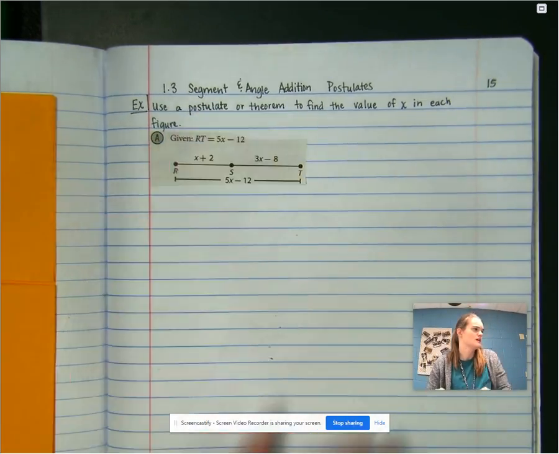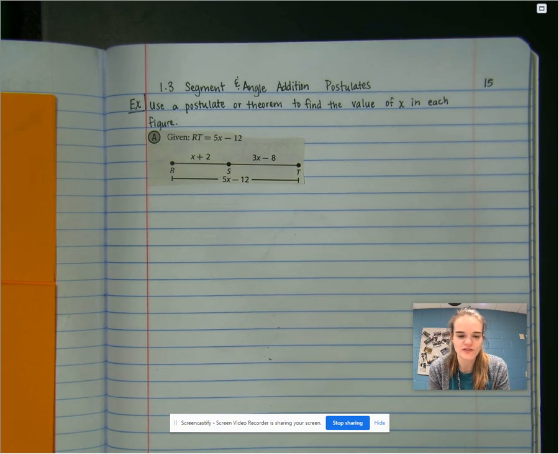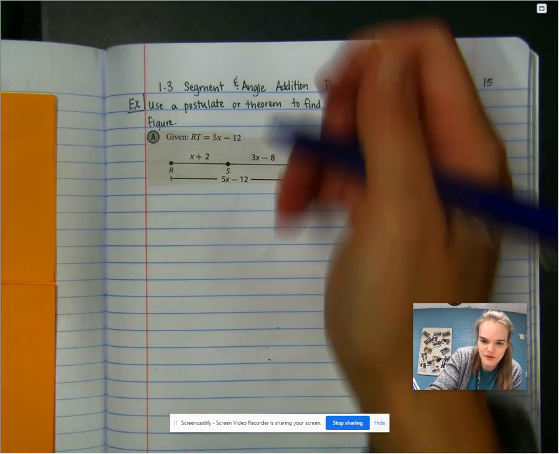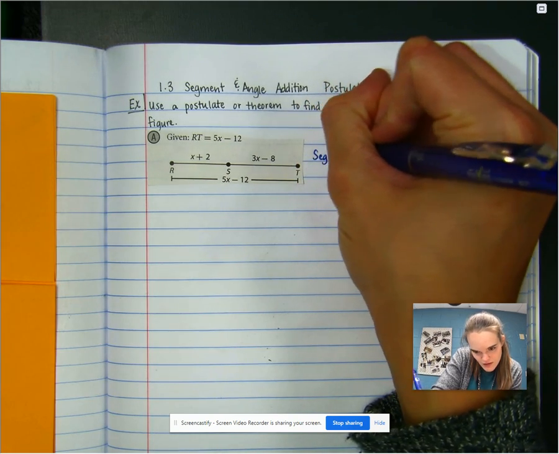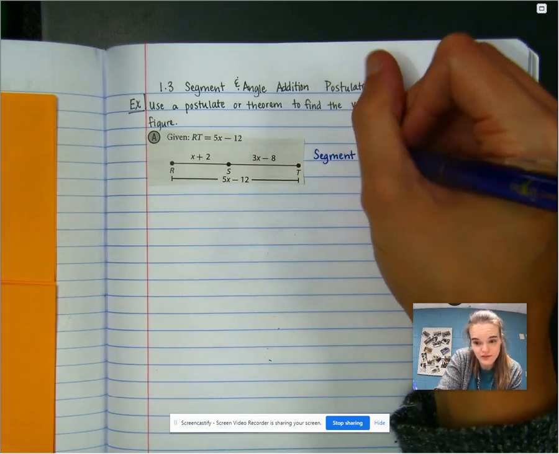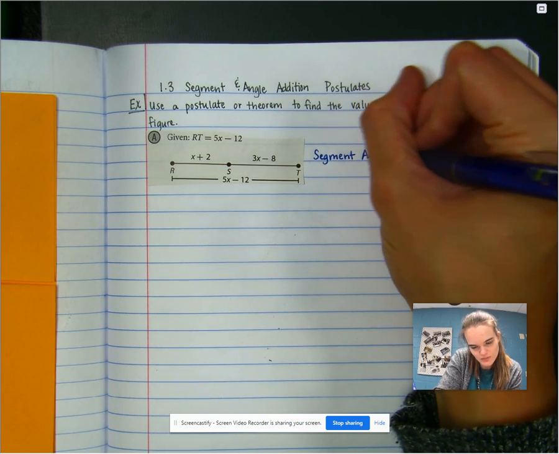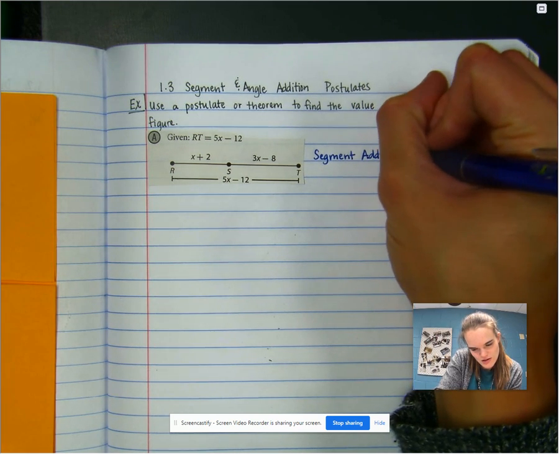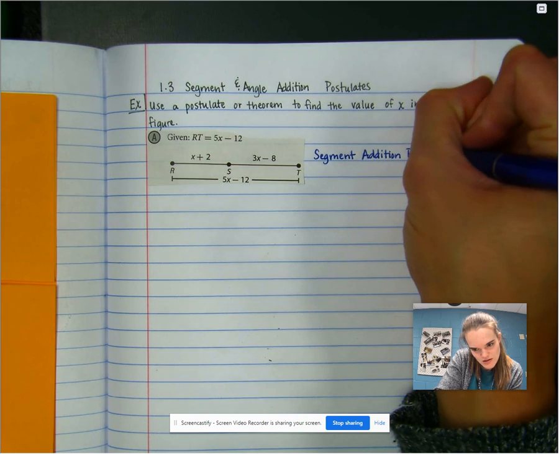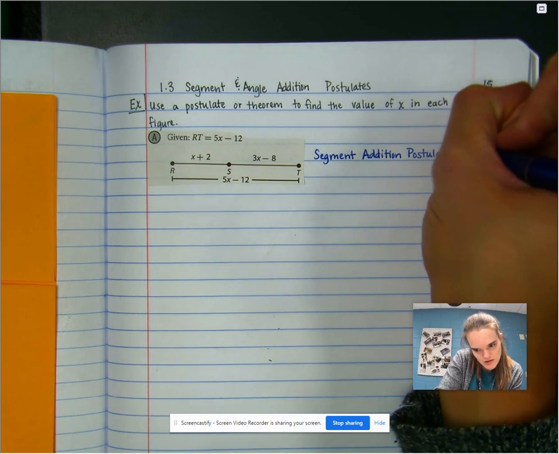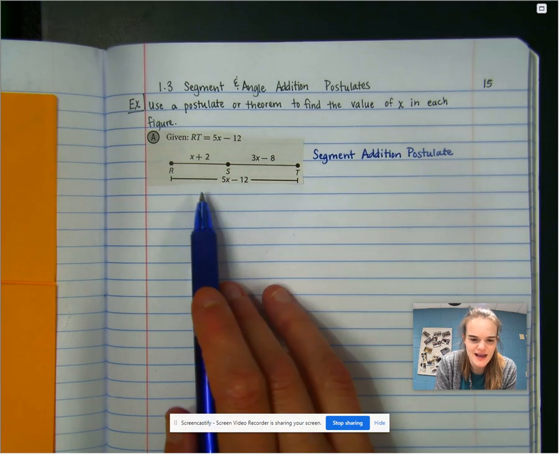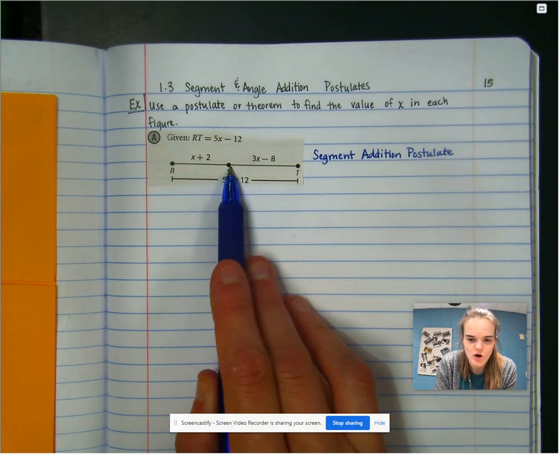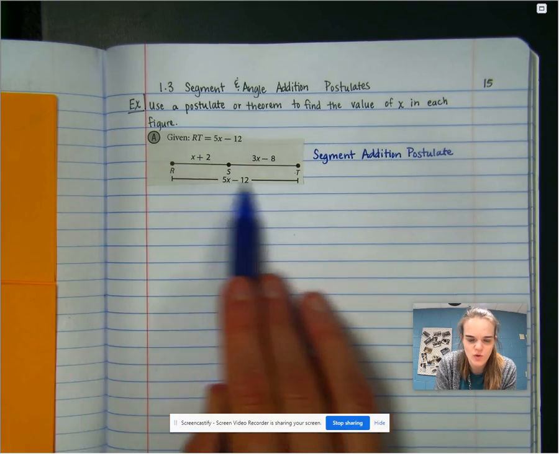Okay. So use a postulate or theorem. Well, this is a segment, so this is probably going to be the segment addition postulate. I'm just guessing. Just kidding, I know. It's segment addition postulate. And the segment addition postulate says if I add these two small pieces, they are equal to the whole thing.